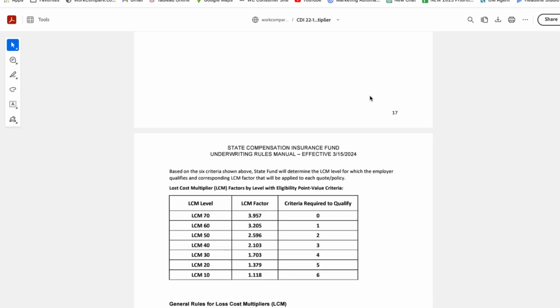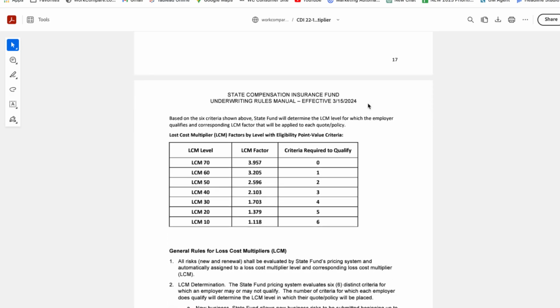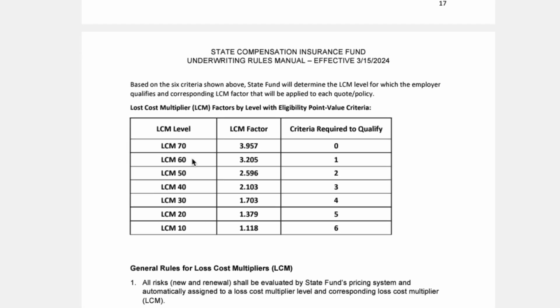I'm actually going to go to the second page first and start here. You can see the LCM tiers are very, very different. The lowest tier is basically base rates modified by 1.118. That's a little more than 1 times base rates, where the highest tier is almost 4 times base rates.